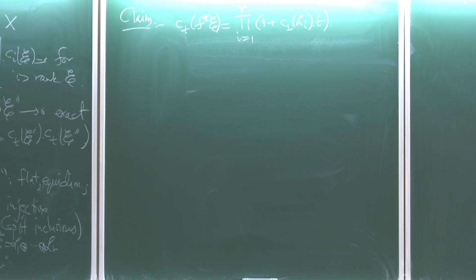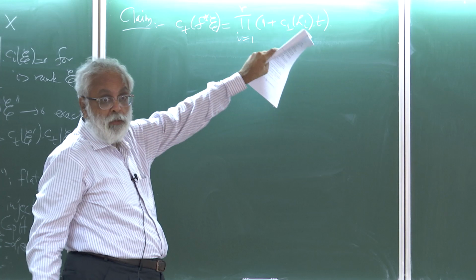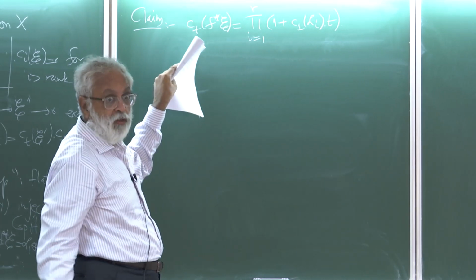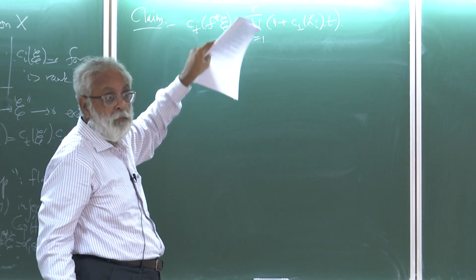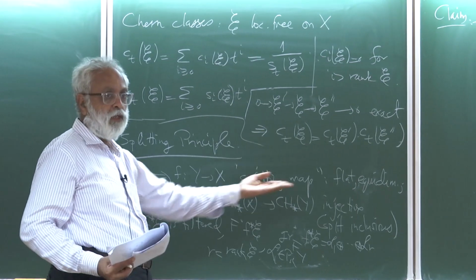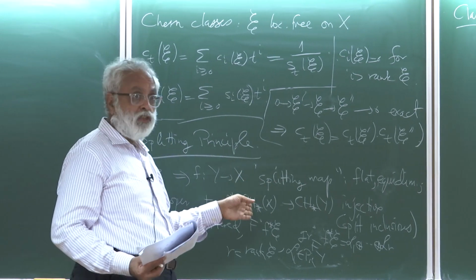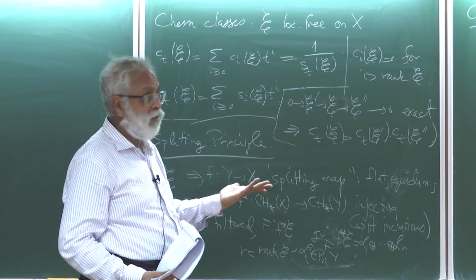So of course this implies that on this side it's a polynomial in t, on this side it's the full Chern series. Therefore the Chern classes of f*E vanish after some stage, but with this f*, you haven't lost any information by going to Y. So the Chern classes at the X level itself must have been 0. That's one of the conclusions you get.